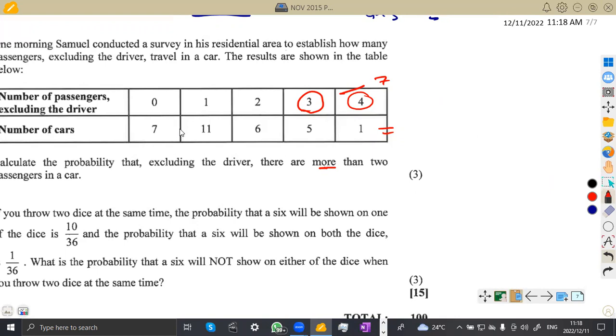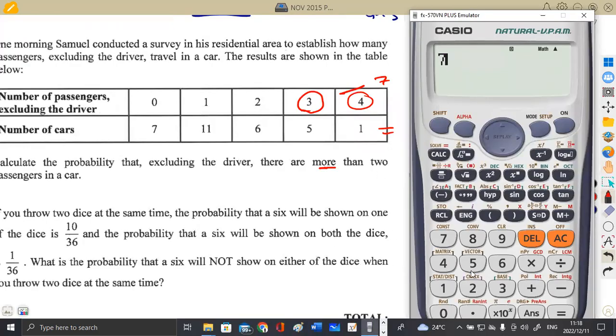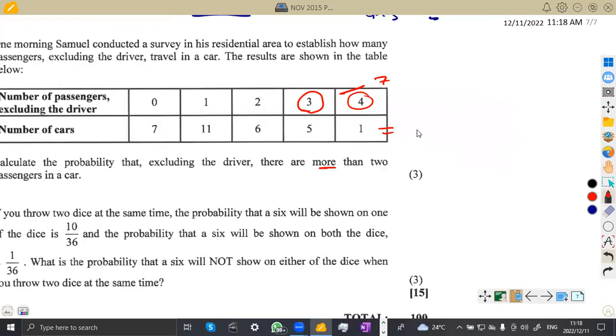We add everything in this case: 7 plus 11 plus 6 plus 5 plus 1. Okay, so there are actually 30 cars. All right, so you're having a total of 30 cars.